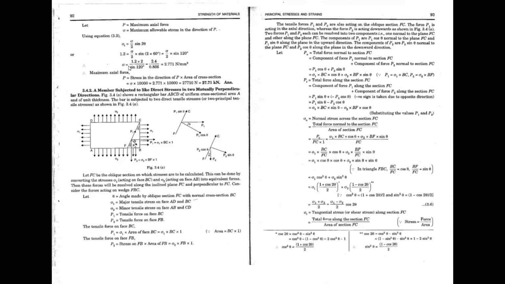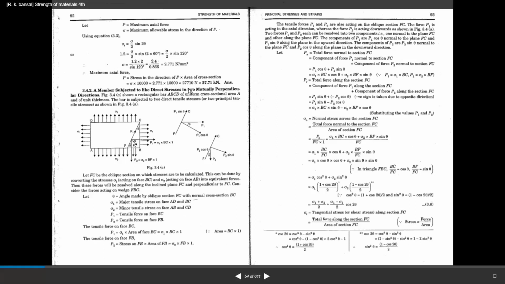That means sigma into 10,000: 2.771 Newton per mm square into 10,000. Finally, 27,710 newtons, converted to kilonewtons, 27.71 kilonewtons.